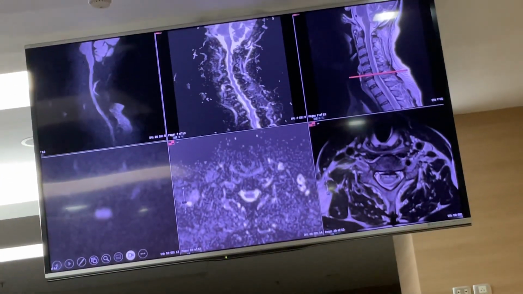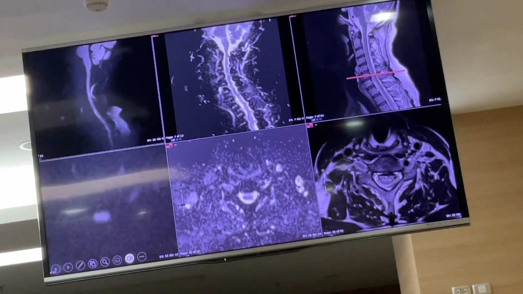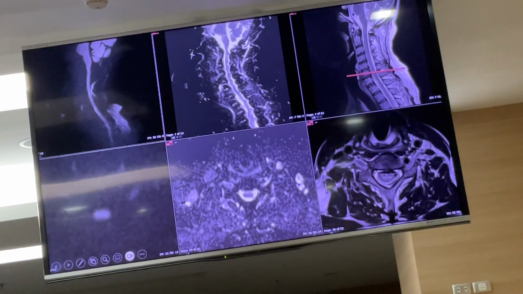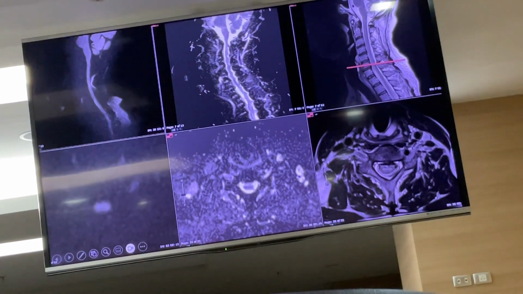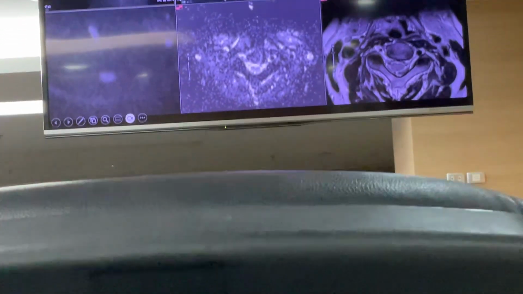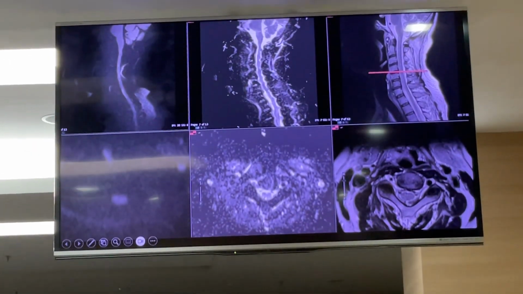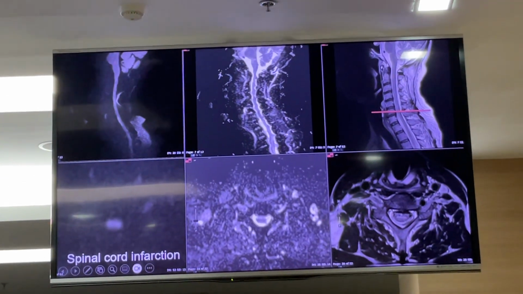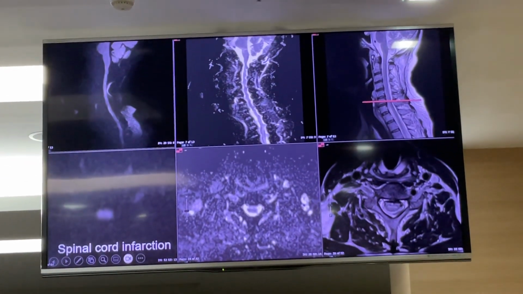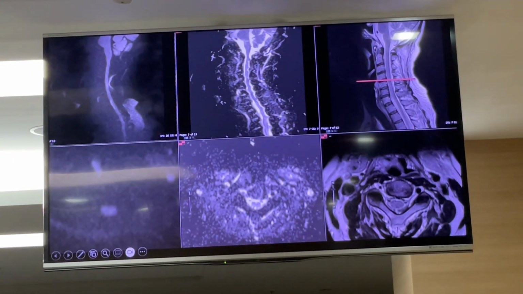So for a beginner, there may be a question, oh, is this artifact or true lesion? But if you see this kind of patient more often, you can realize that this is a true lesion. If you compare it with another level of spinal cord, this is the normal level.